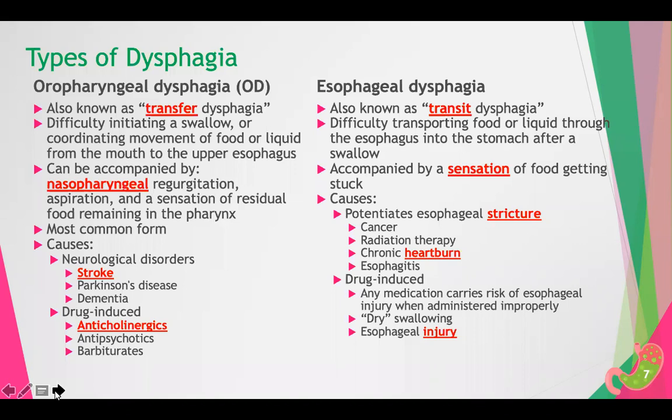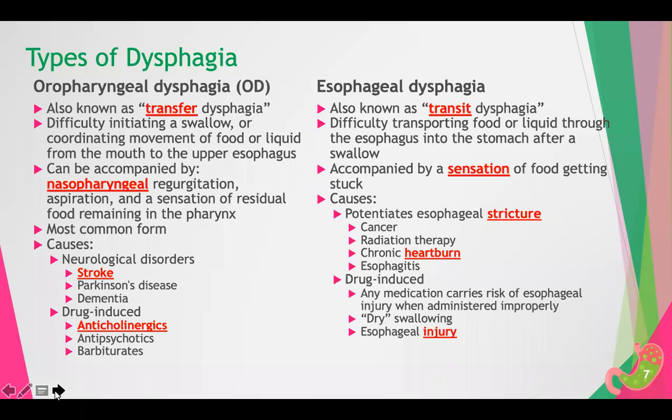With our antipsychotics, they block dopamine, which can cause a pseudo-Parkinsonism, which has symptoms similar to Parkinson's disease. And we know Parkinson's disease is a disorder of muscle function. So that's one of the main reasons why antipsychotics can cause issues with swallowing.